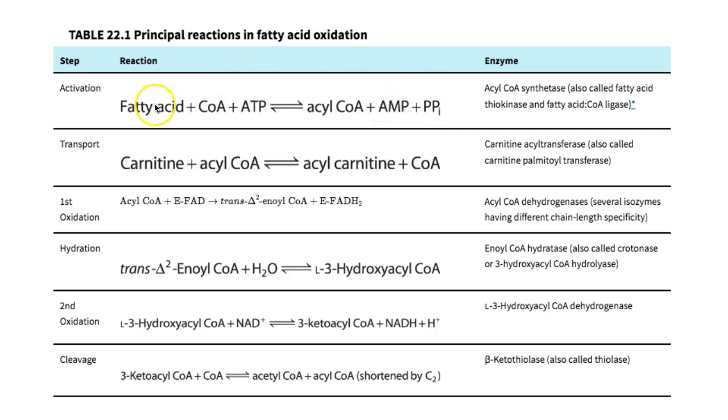And then while the fatty acid is attached to that AMP, it goes through an enzymatic activity again, and now being transferred onto the coenzyme A, and that's where you have that acyl coenzyme A, and now it's officially activated.